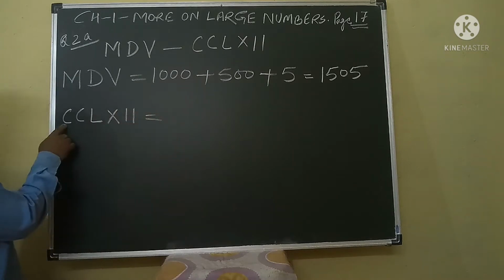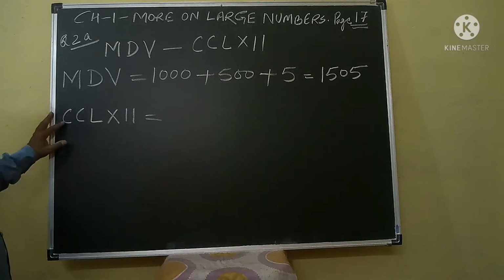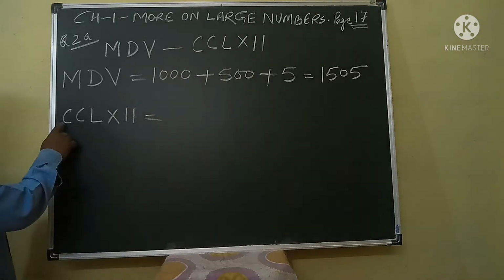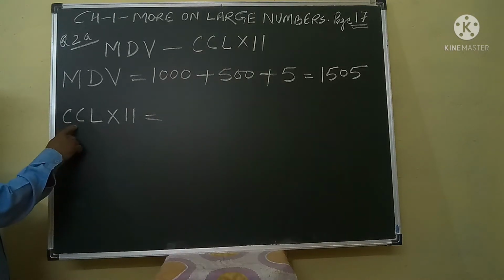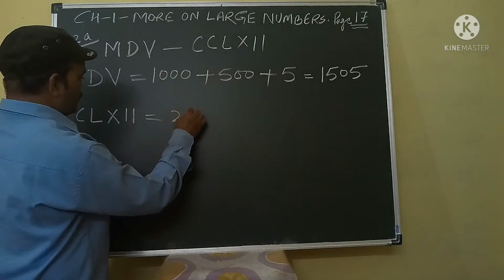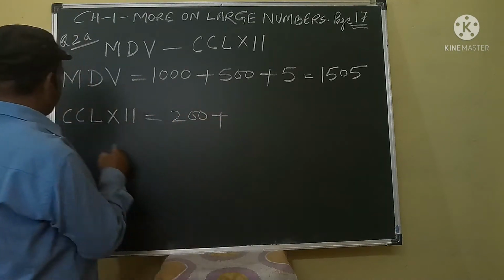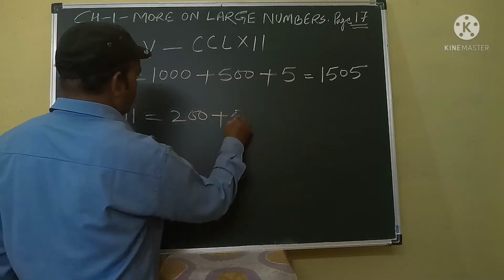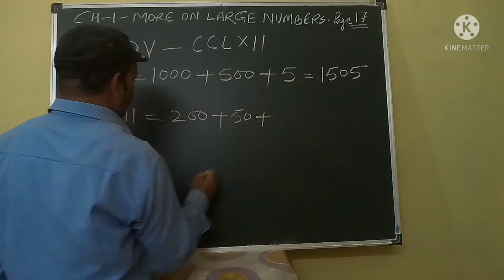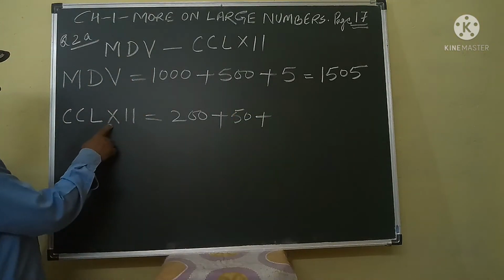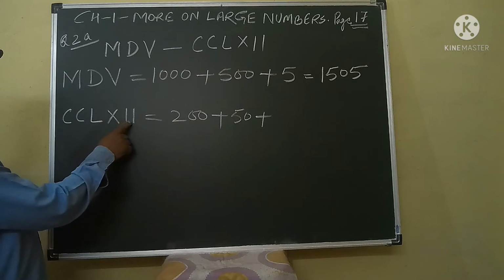Look here. C is the symbol of 100. C means 100 plus 100, it will give you 200. L means 50. X means 10. I: 10, 11, 12.